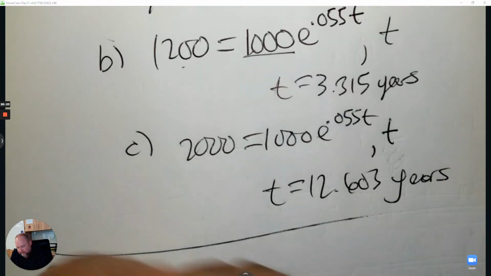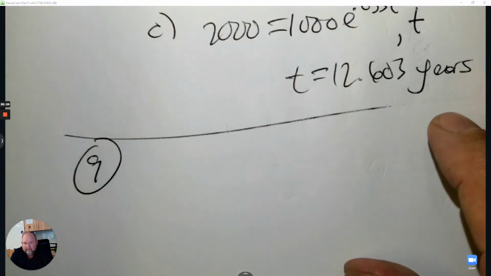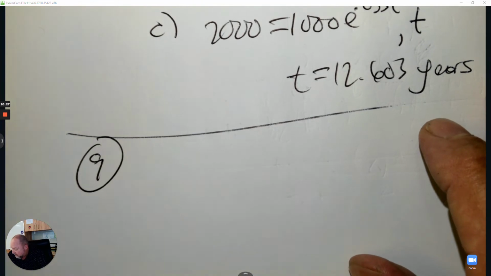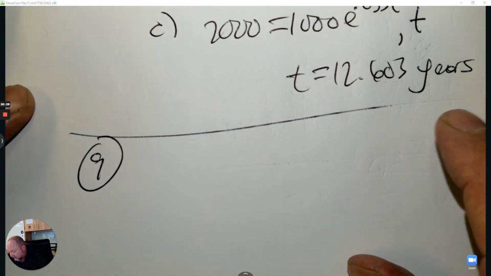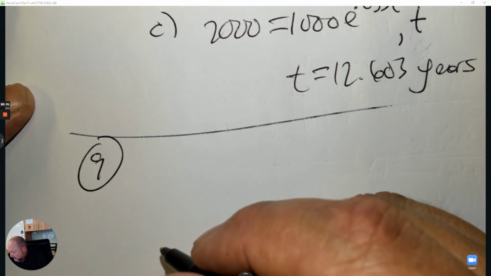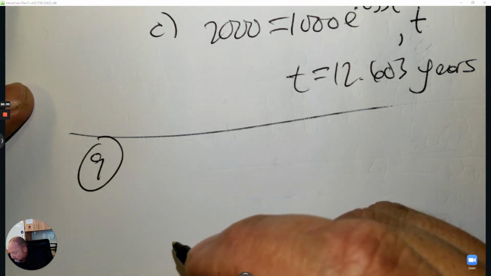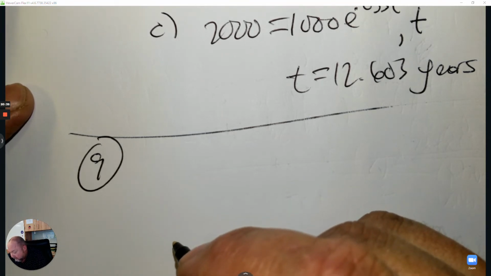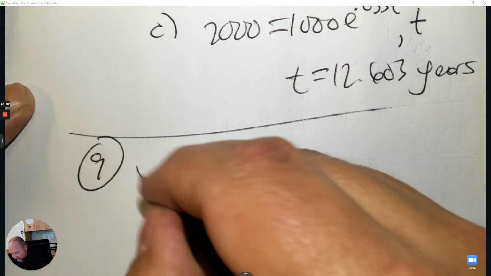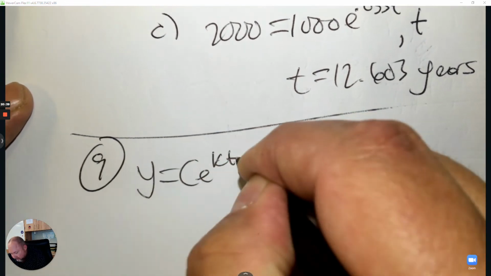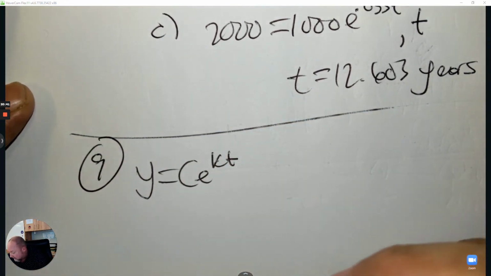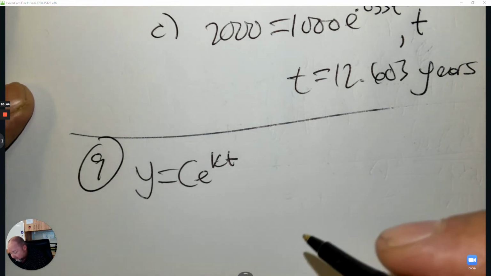Number 9. Suppose 200 bacteria are introduced into a culture to study their rate of growth. 2 days later, the culture is found to contain 300 bacteria. Assuming the rate of growth is that Pert, or you can write it like this, that's the same formula. How many bacteria will be present in 3 more days, or 5 days after the start?